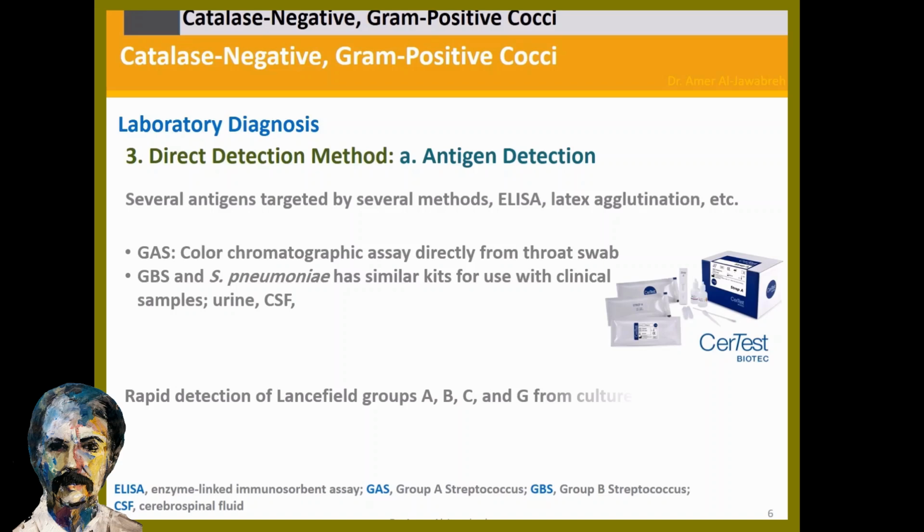Culture: throat swab, open the mouth, tongue depressor, and just touch the back of the throat and spread on a culture media. Plus, we used to have kits like these. You touch and you put in a solution tube and wait for some time. If it turns blue, then group A is there. If it doesn't turn blue, then group A is not there.